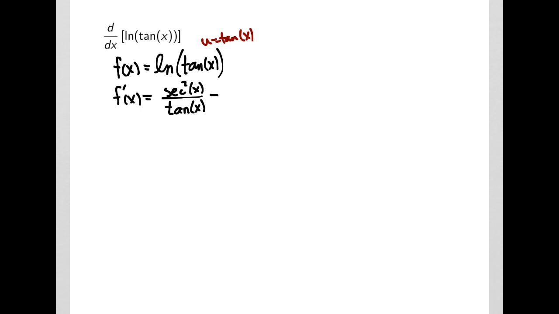Now, I need to simplify this. The secant means 1 over cosine. So what I really have is 1 over cosine squared of x. That fraction is divided by sine over cosine. And so a fraction over a fraction really needs to be simplified. I'm going to multiply top and bottom by cosine squared.